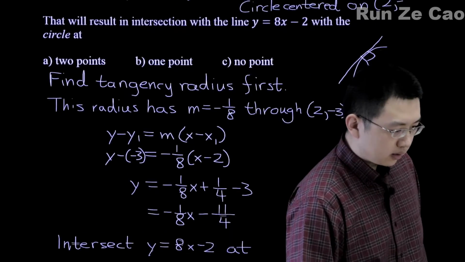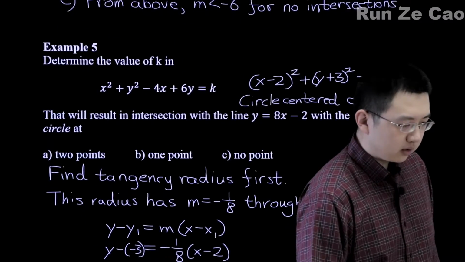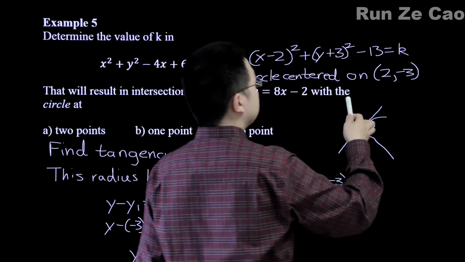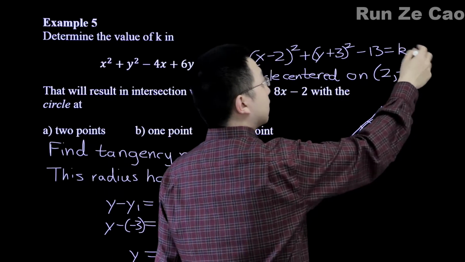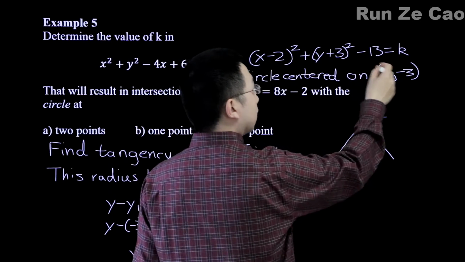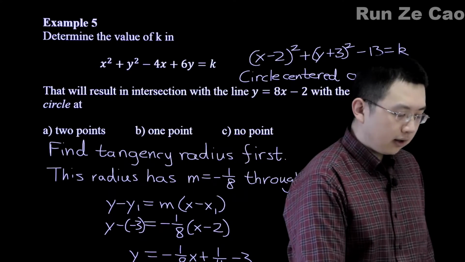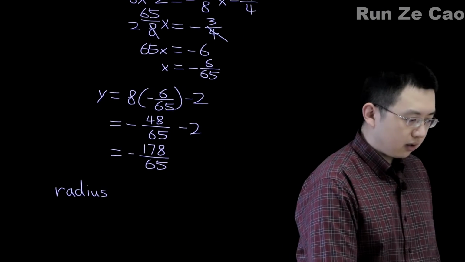First of all, okay, we know there's center point. And what else do we know? Well, the radius is going to end up being k plus 13 because we move this over. So the radius is k plus 13, and it's from 2, negative 3 to this point.